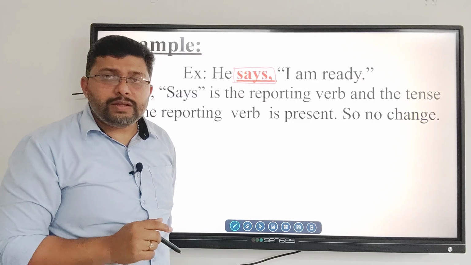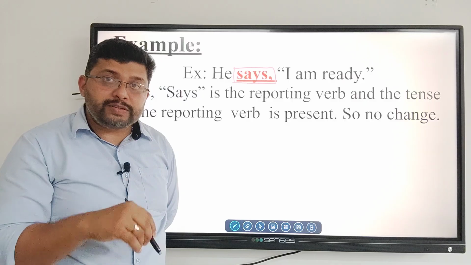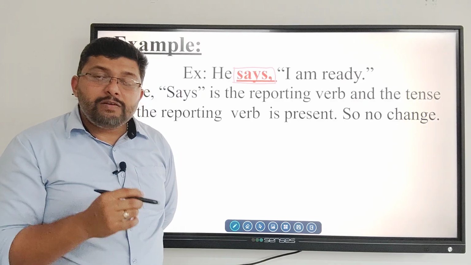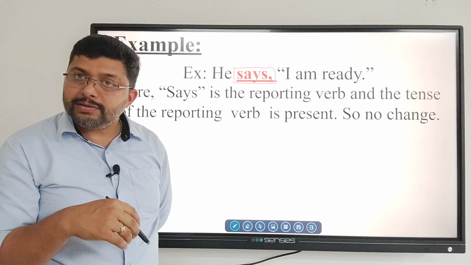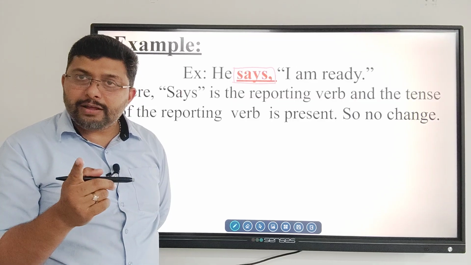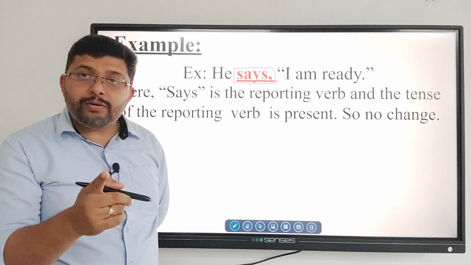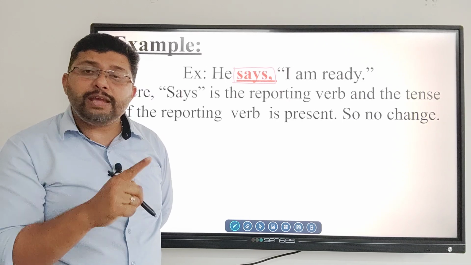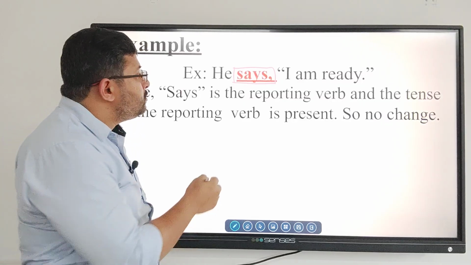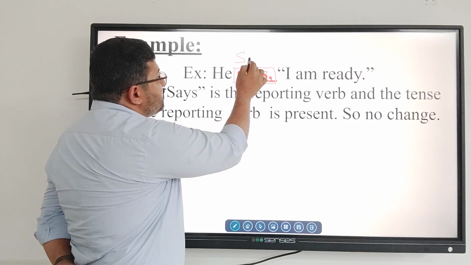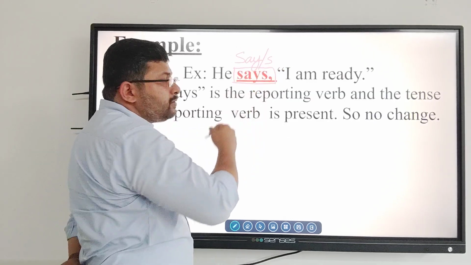In present tense, you might have studied a rule. If the subject is third person singular in simple present tense, with the verb we need to add s or es. Do you remember that? Yes. With the verb we need to add s or es if the sentence is in simple present. The actual word here is say, and we have added es.